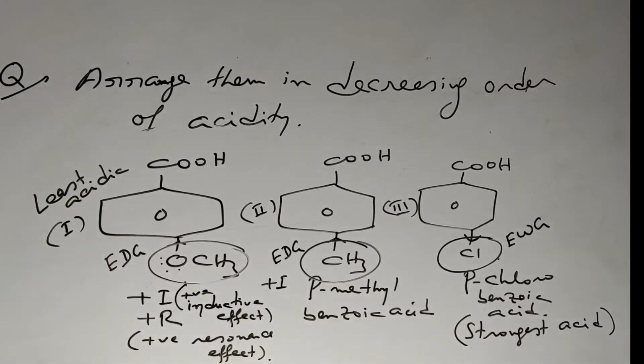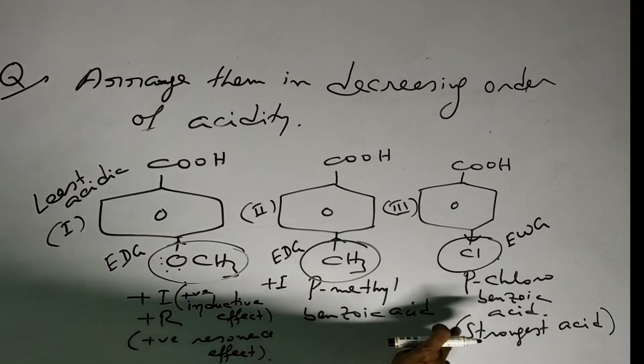So how do you arrange the acidity in decreasing order? The highest acidic is 3.